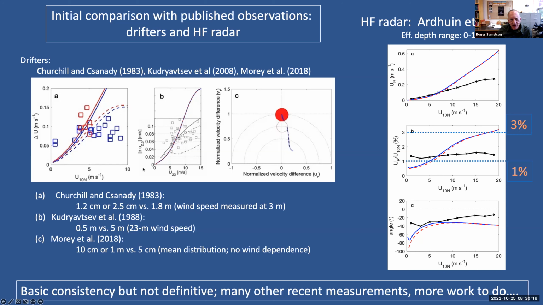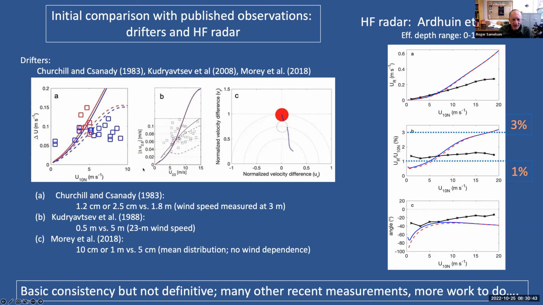And the 3rd panel from Mori, there were not coincident wind measurements, so these don't really show any wind dependence directly. There's no way to get that from this figure. It's a normalized velocity difference, and the circles, the red circle and the open circle below it, show sort of an estimate of the cloud of data points in the original figure, and the dots are estimates from the model.